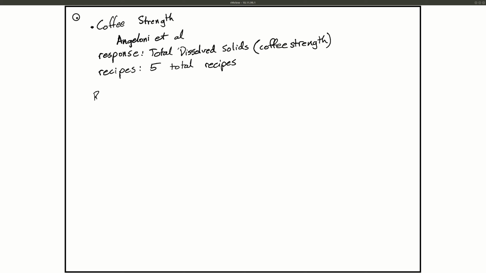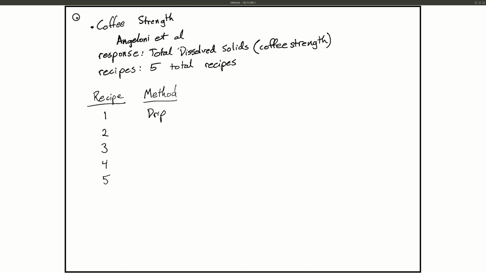So they have recipe 1, 2, 3, 4, and 5. And recipe 1 had the method of drip brewing.